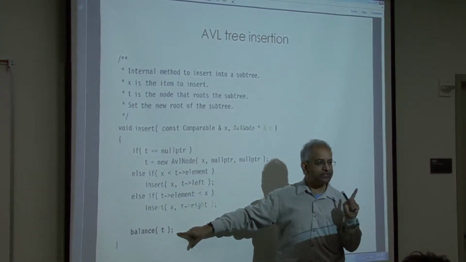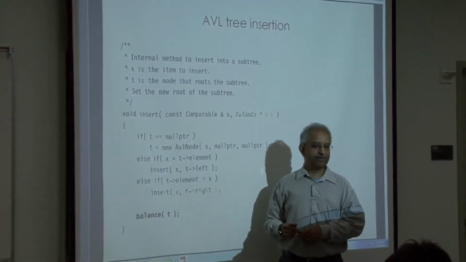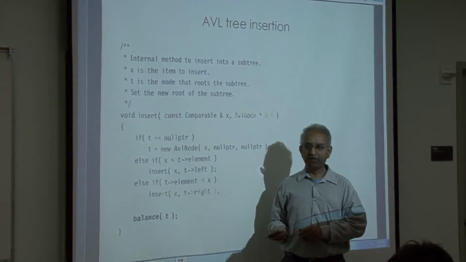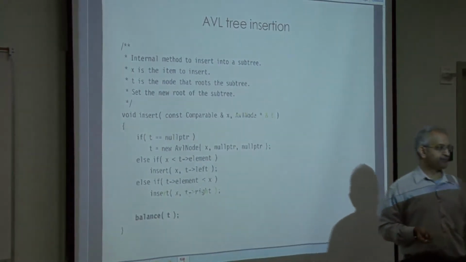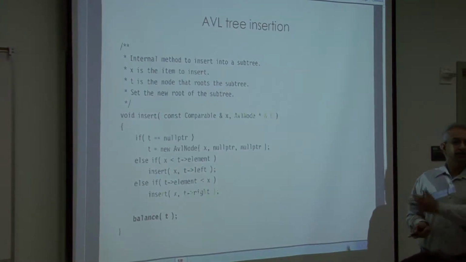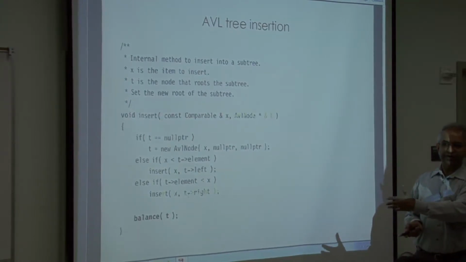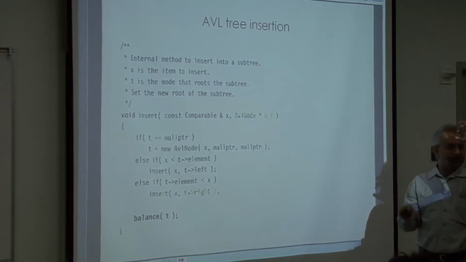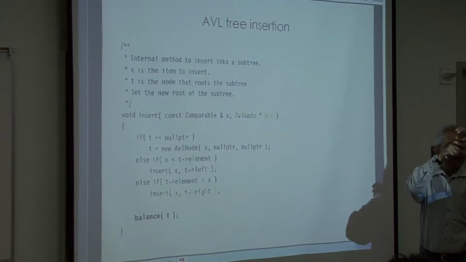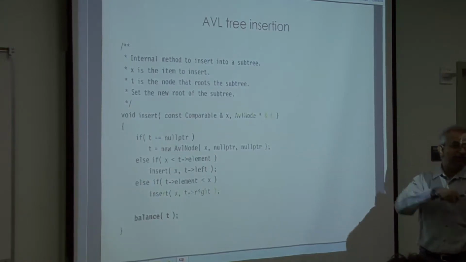But in the case of insertion, that will never happen. Why? It will only happen once. We argued this in great detail in the lecture, right? Remember, what we saw was that once we identify the pivot node and then perform a rotation, not only does it balance that node, but it restores the height back to what it was before the insertion.